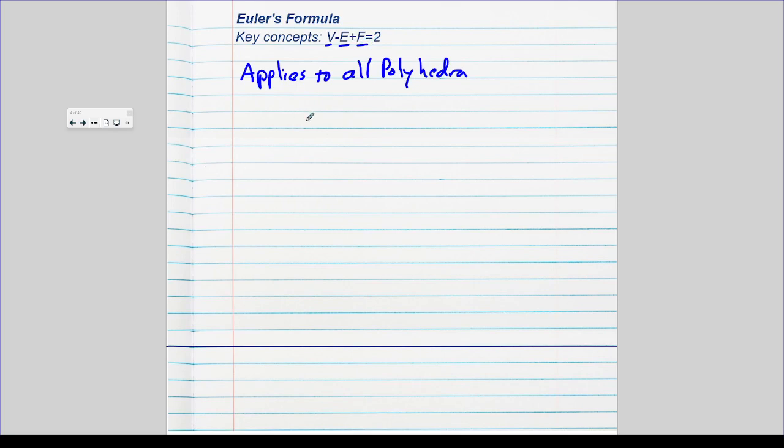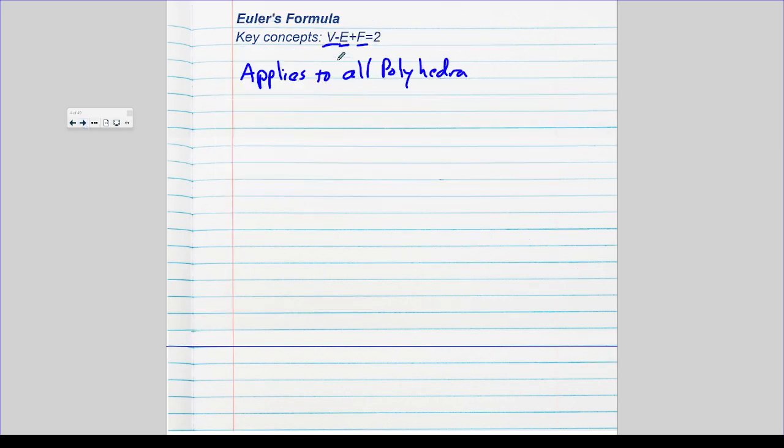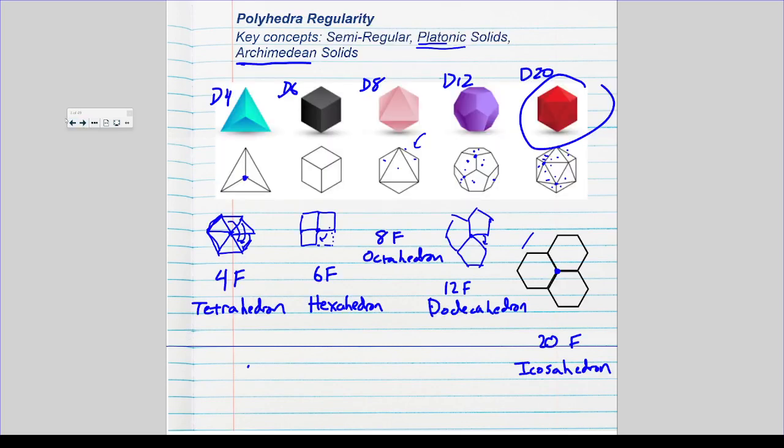So we said that edges are all where two planes meet, and vertices are where three or more planes meet. The way it works out, and there will be a video on Canvas going more into the details of why, is that we can take the number of vertices and subtract the number of edges, add the number of faces, and that's always equal to 2.